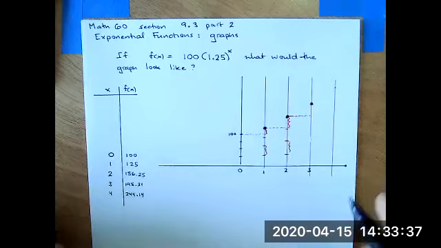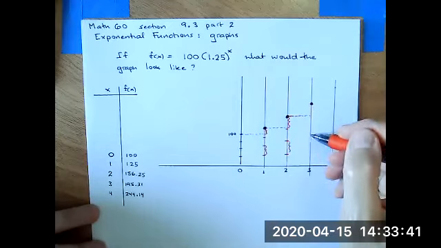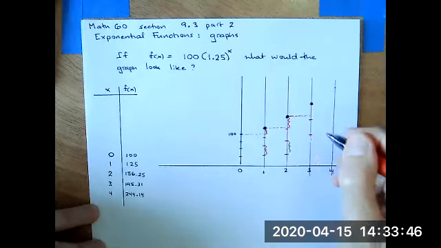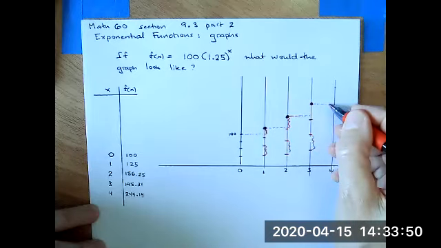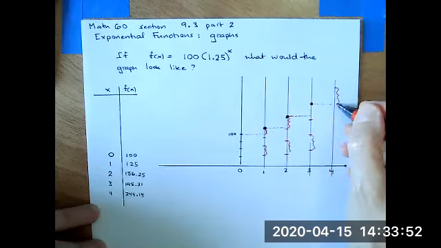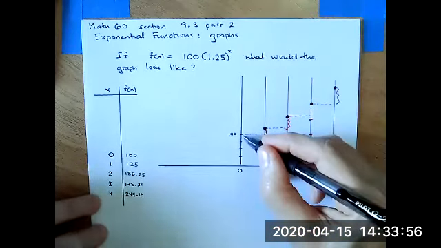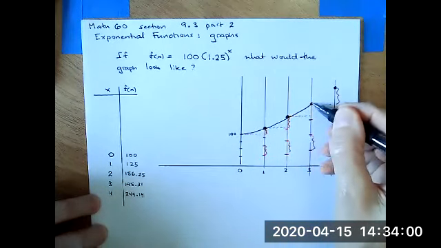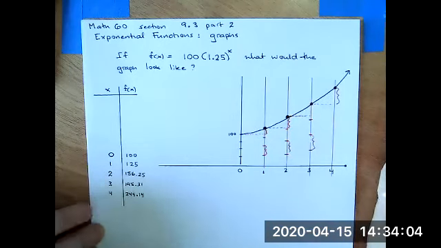And then after the 4th year, you're adding 1/4 of this amount. You can visualize 1/4. And you can see that the graph is concave up, increasing and concave up.